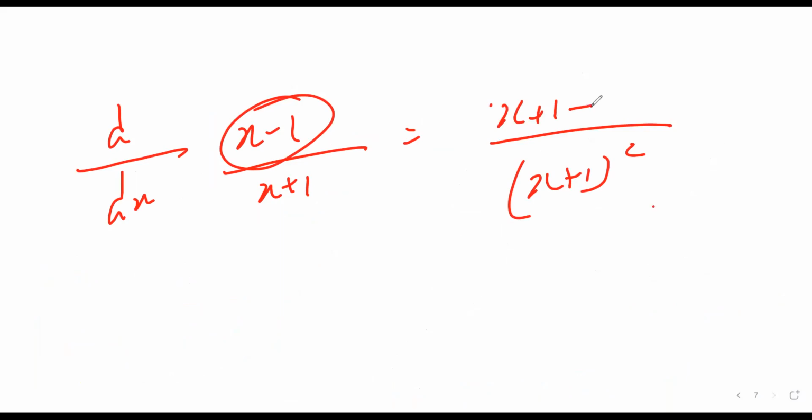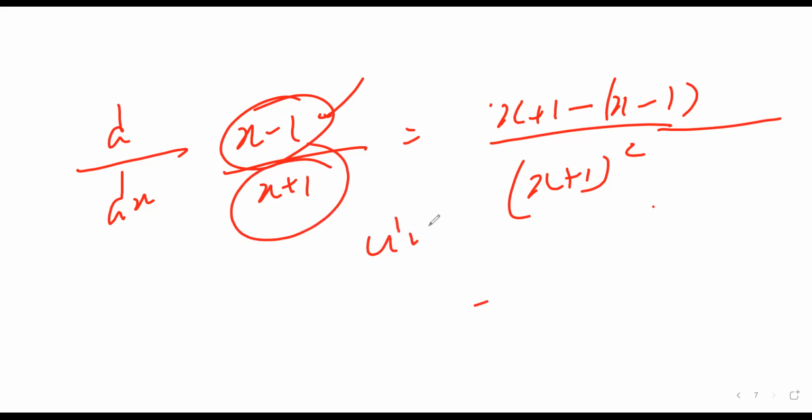Minus, which is constant now, uv dash, minus x minus 1. So this is basically u dash v minus uv dash by v square. So this is my u and this is my v. So by v square is fine.